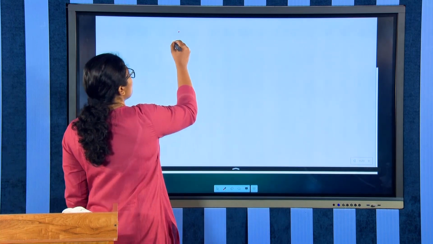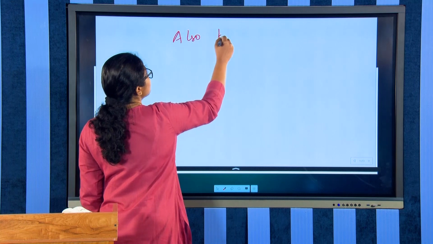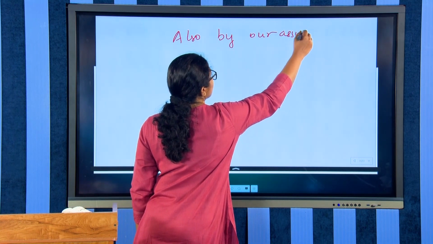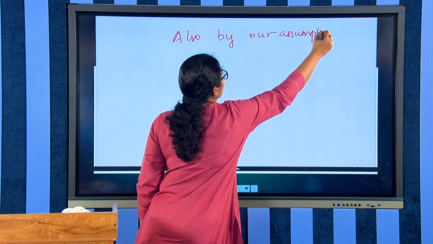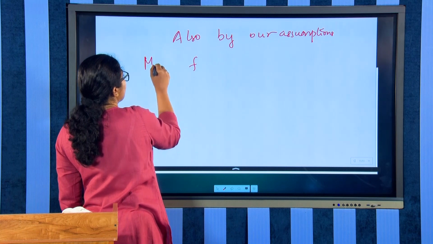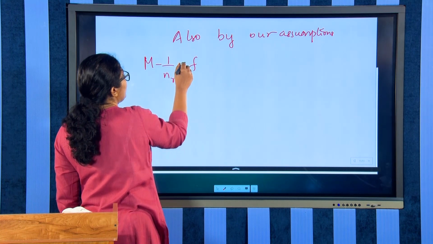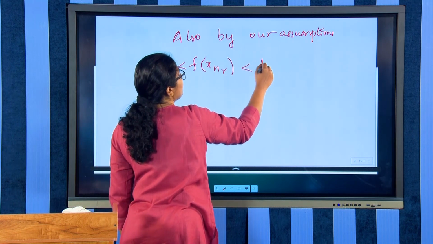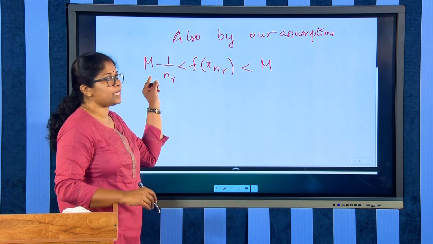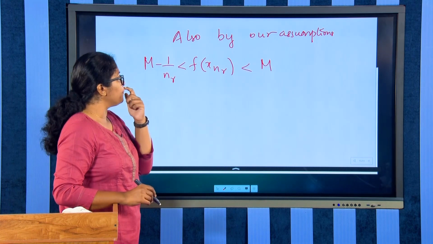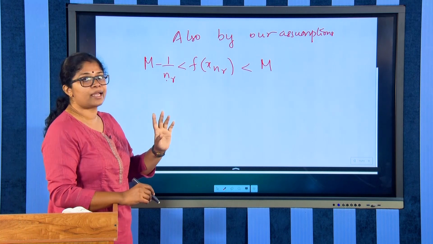Also, by our proof statements, we have M minus 1 by n is less than f of xn less than M. So we can replace n by nr, there is no problem.